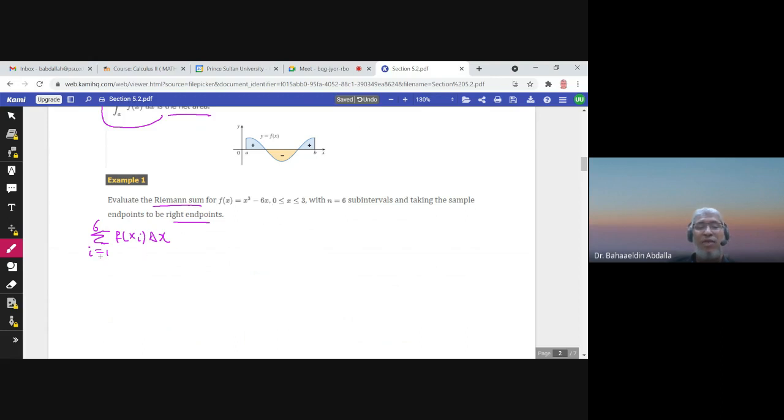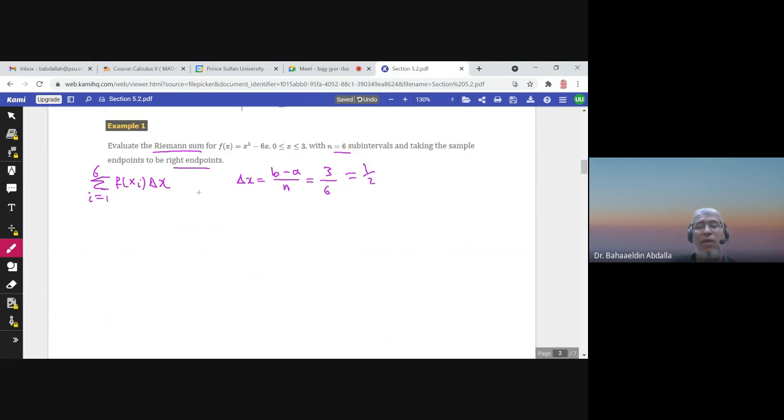To find the Riemann sum, we first find delta x. We remember that delta x is b minus a over n, small n, the number of subintervals or rectangles. B is 3 minus 0, so it's 3 over 6, the number of rectangles. So delta x is half.